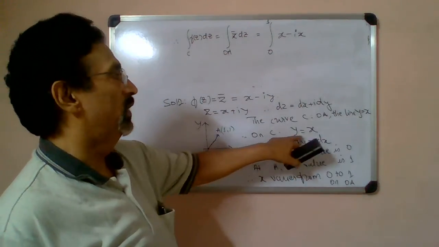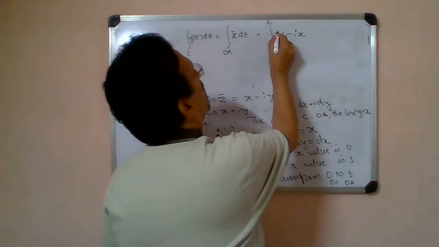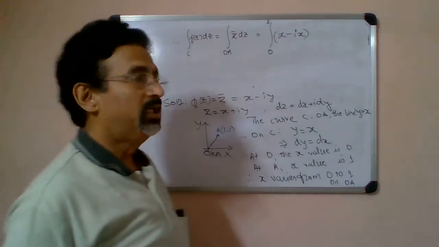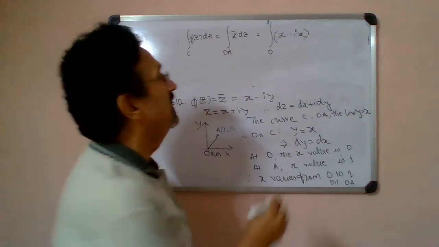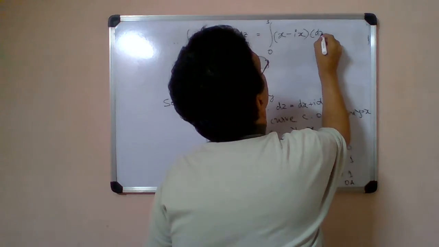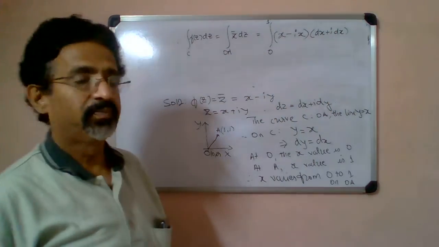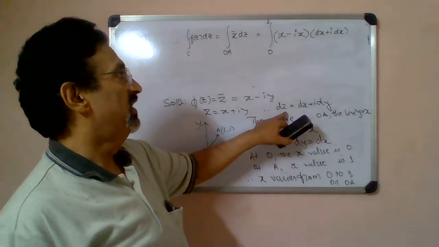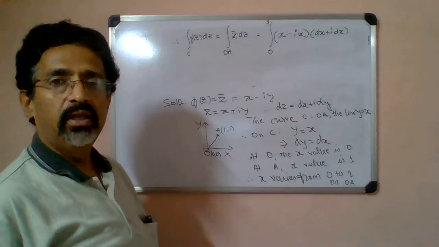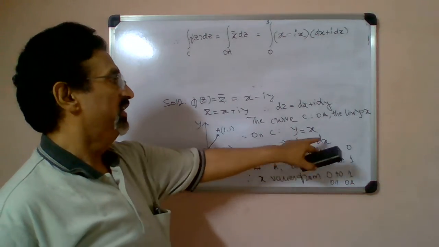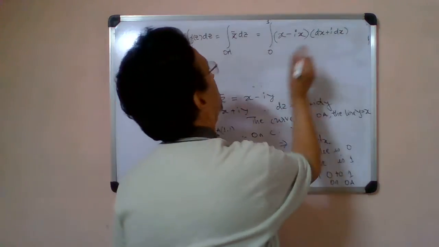On OA, y is x, so I replace y by x. What is dz? dz is dx plus i times dy, but on this line OA, the required curve, dy is dx, therefore it is dx plus i times dx.